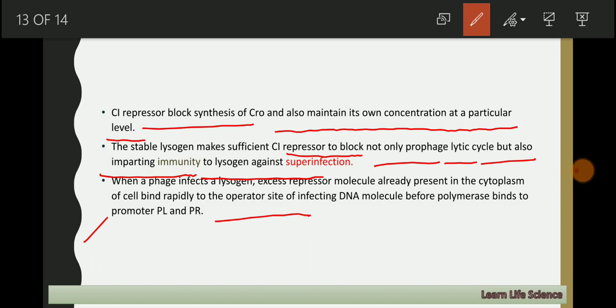I hope you understood this sentence, that when the concentration of repressor is maximum in the host cell, whenever the foreign viral DNA is injected, the RNA polymerase will be incapable of binding to the promoter region, as there will already be repressor bound to the foreign gene region, and in this way it is going to prevent superinfection.